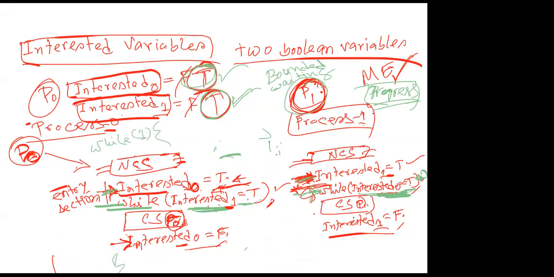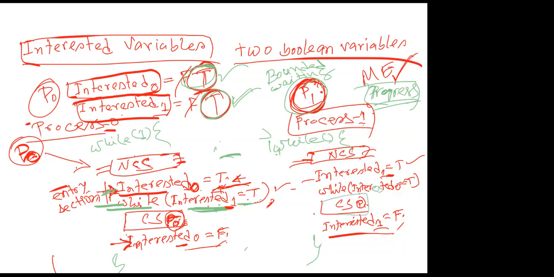Also here we need to add another while loop, in the while loop. This is interested[0], and this is interested[1].